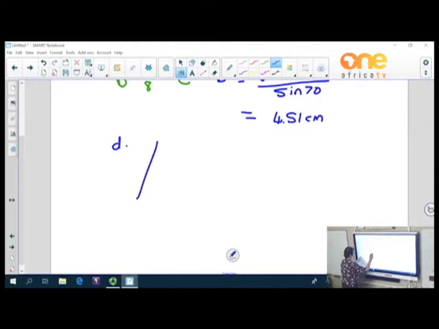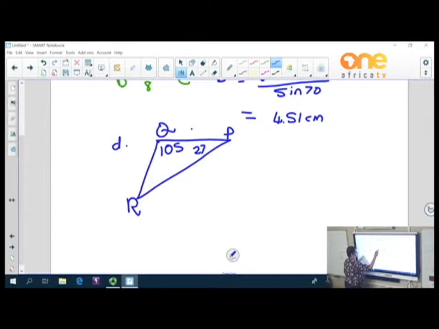The next one is number D. Again, triangle PQR. We again have an obtuse angle there, Q, which is 105. So PQR. P is 27, and R is 15. R is the small letter there, so that one is 15, and we have to calculate Q, this one here.